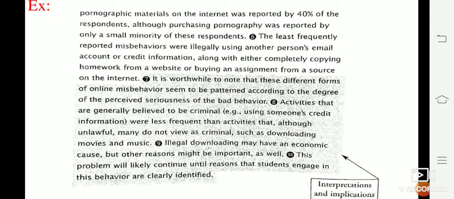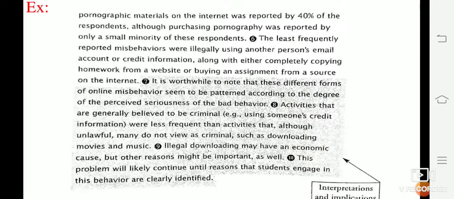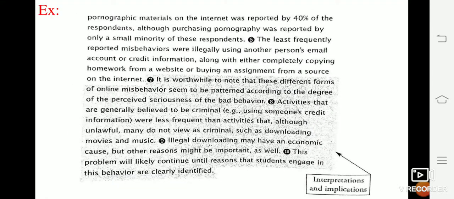Pornographic materials. Really? Pornographic. Yeah, okay.